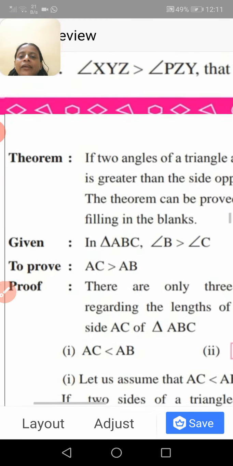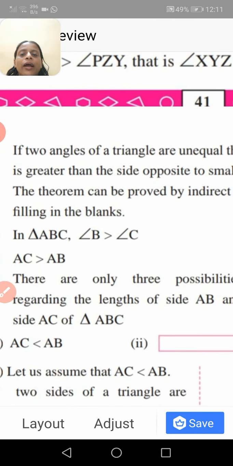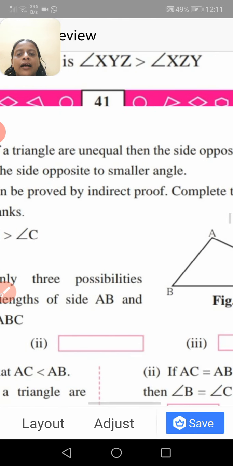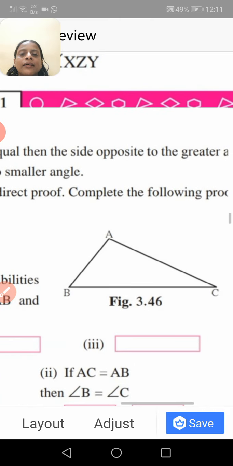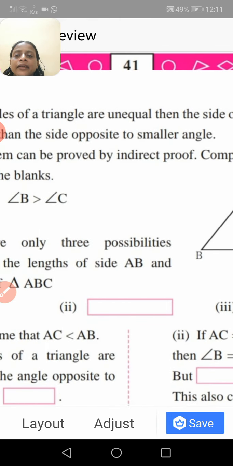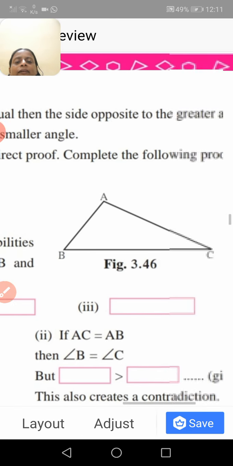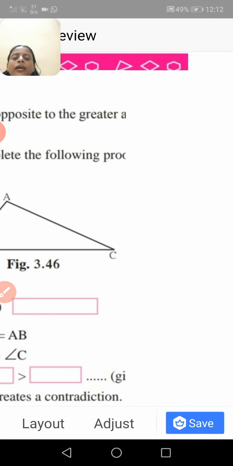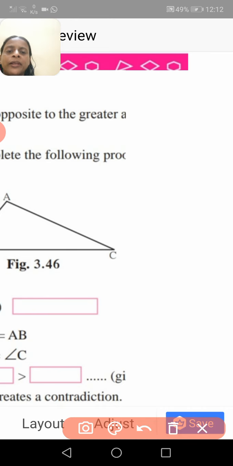Same way, next, if two angles of a triangle are unequal, then the side opposite to the greater angle is greater than the side opposite to the smaller angle. Whatever we told just now is the opposite. Listen to the figure I am drawing here.